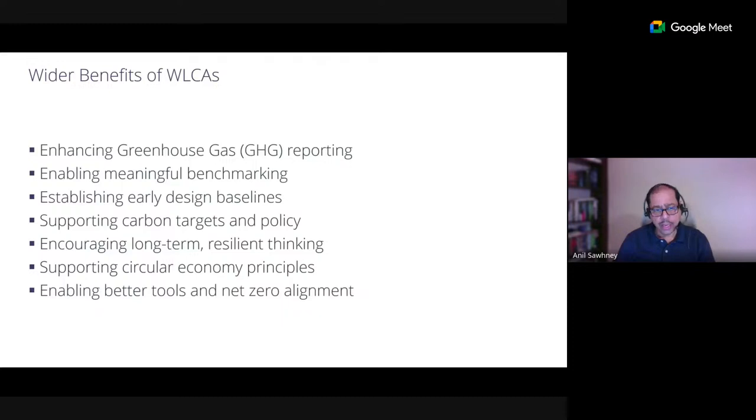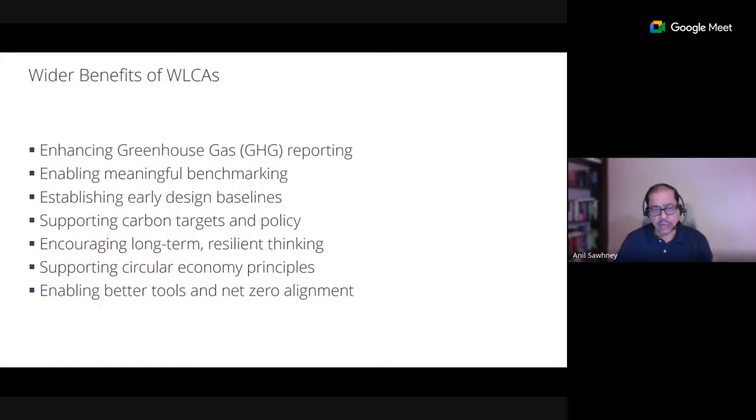It can also help you establish early design baselines. If you're performing WLCAs and storing your assessments in a database, that database can eventually give you benchmarks which you can use for early design baselines. Like we do in costing, somebody comes up and says they want to do a school building. They don't have much detail. They maybe know the location.